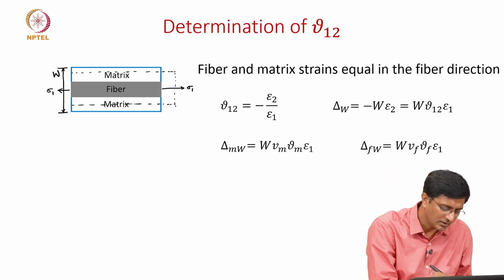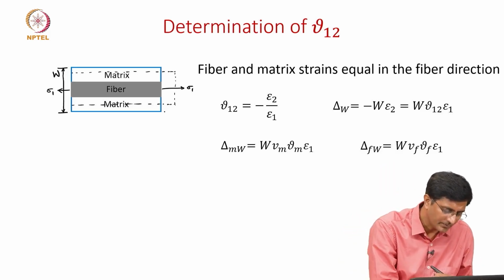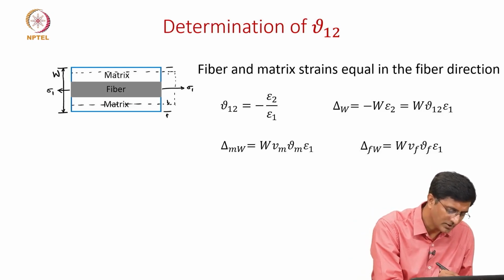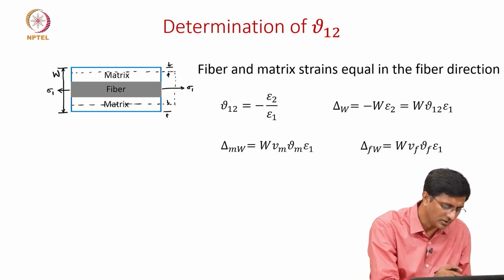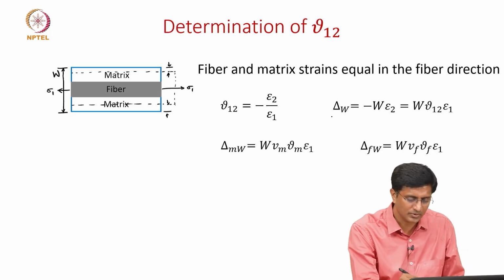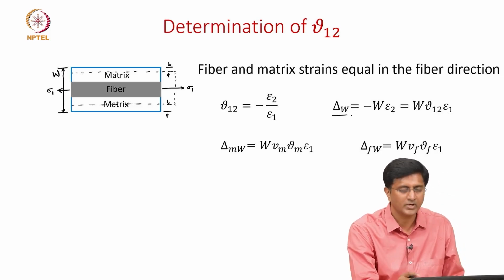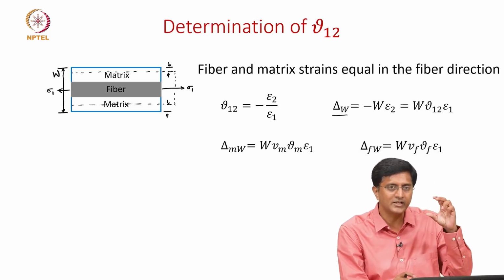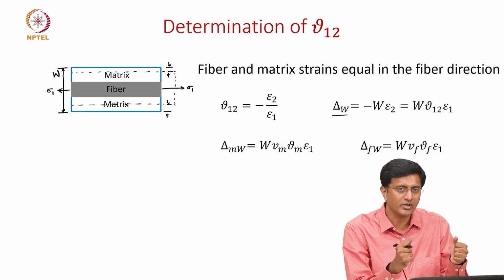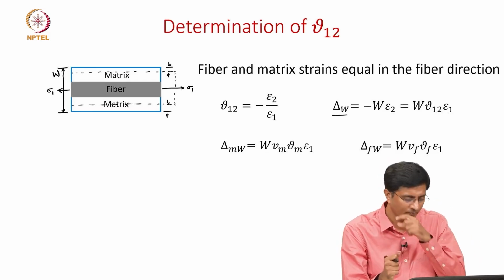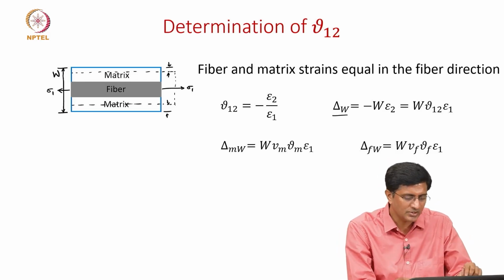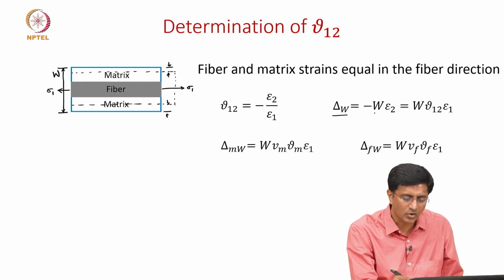So let's say this is the reduction in the dimension as well as there is a reduction in dimension here. Both of it is captured through delta W. Delta W is the decrease in the width because of applied load sigma 1. How can we write the change in the width? We write it with total width times the strain in direction 2.